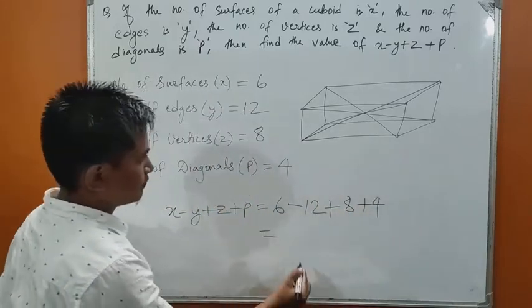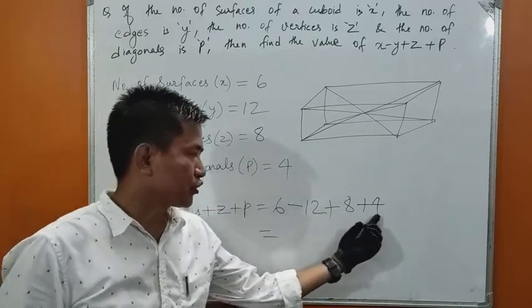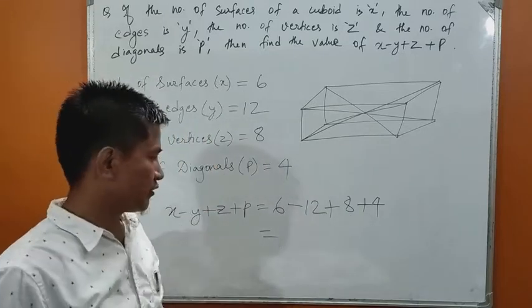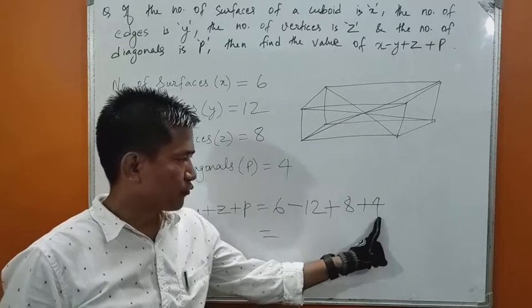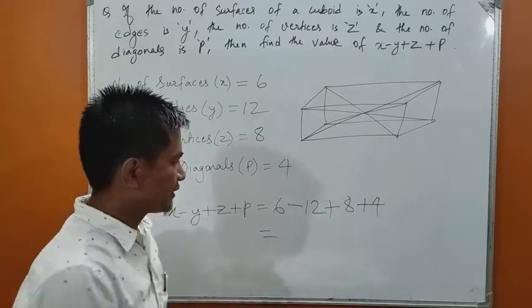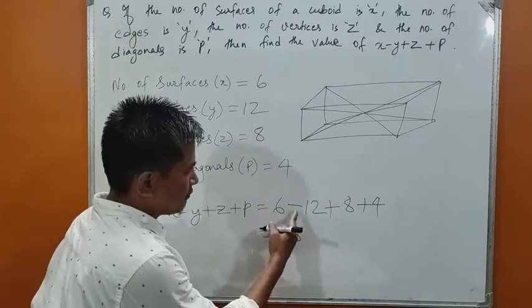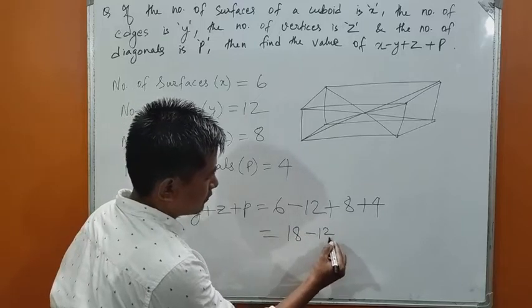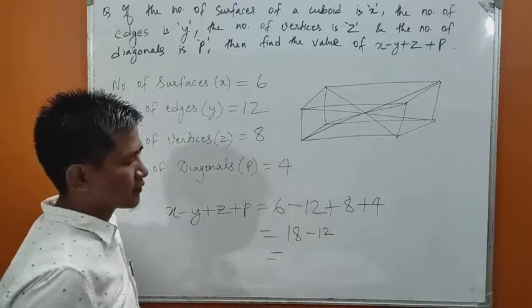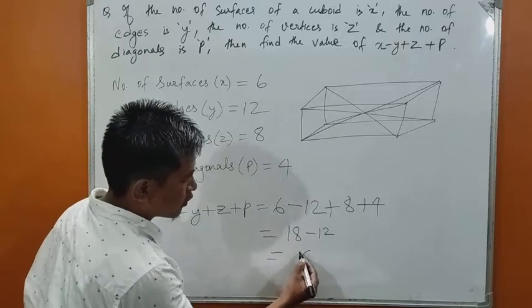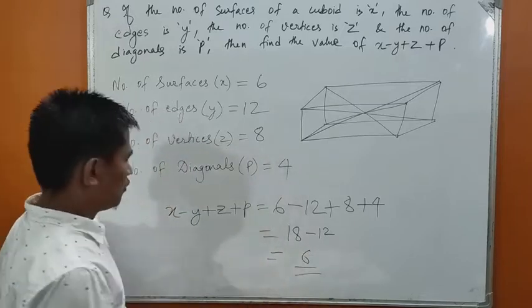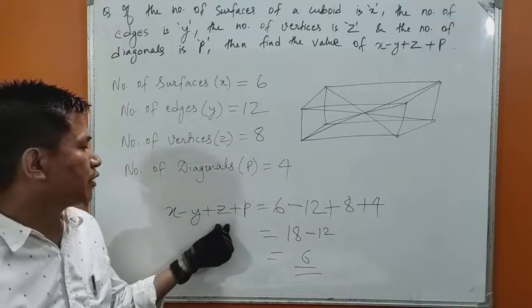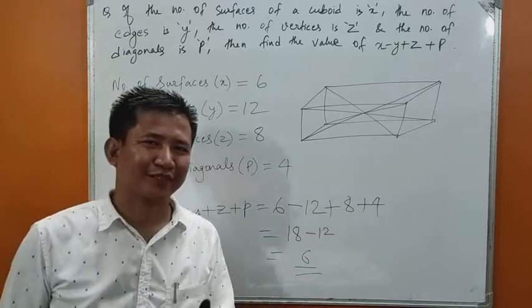So let's add up the positive numbers and subtract the negative one. 6 plus 4 is 10. 10 plus 8 is 18. So 18 minus 12 is 6. So what is the value of x minus y plus z plus p? That is 6. Very, very simple.